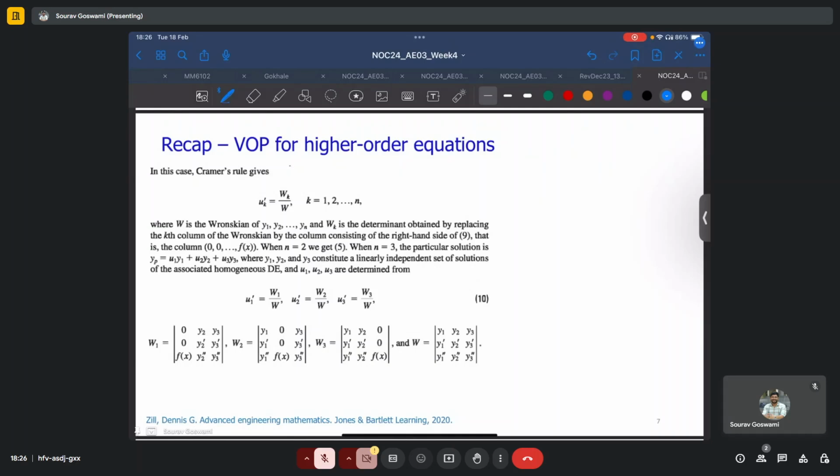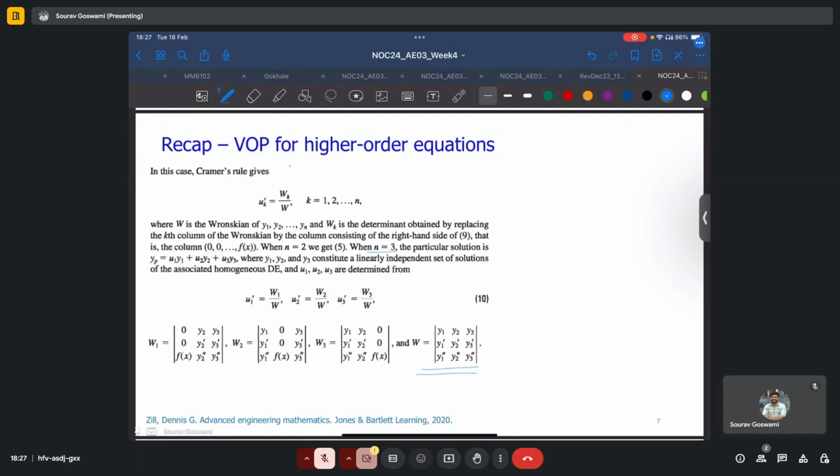What those Wronskians will look like has been illustrated for a third order linear differential equation, and here we see that again the Wronskian W just consists of the solution functions and their derivatives. So y1, y1 prime, y1 double prime, similarly for y2 and for y3.